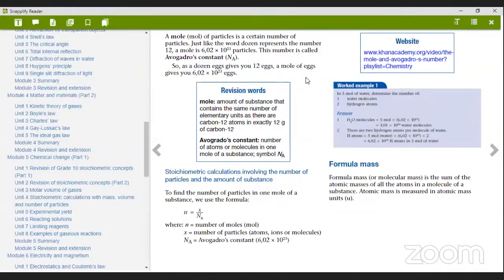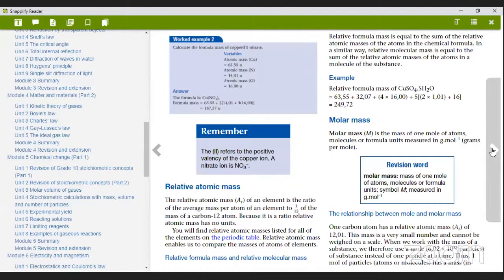So molecular mass is a sum of atomic masses of all the atoms in the molecules of a substance. Atomic mass is measured in atomic mass unit, U. The sum of the atomic masses, yes, indeed.